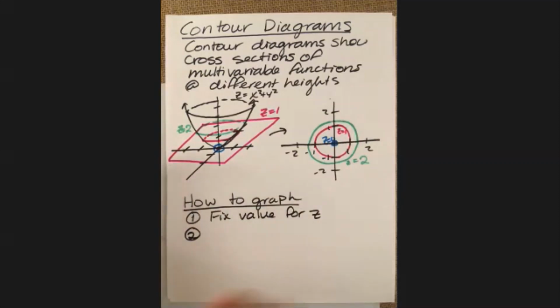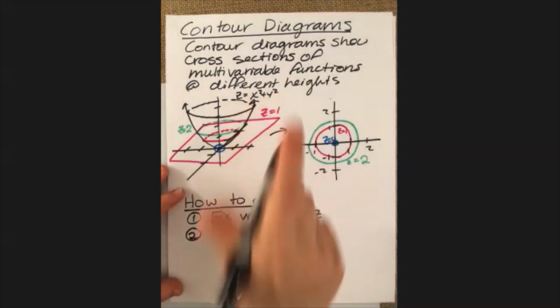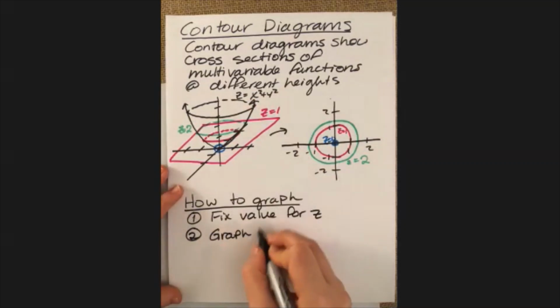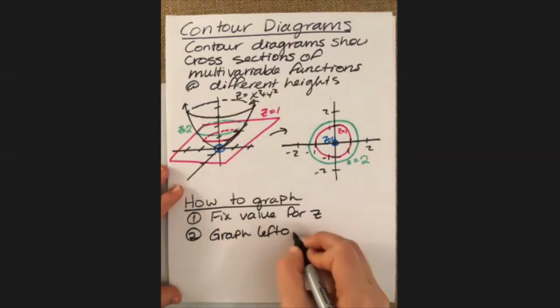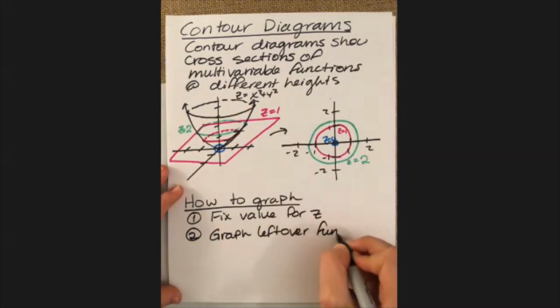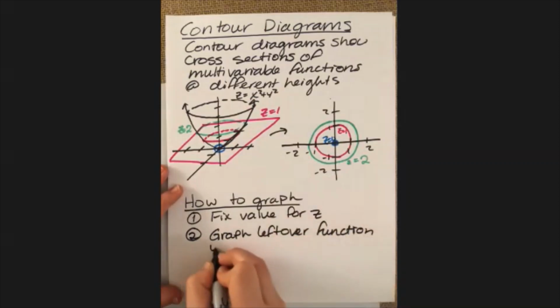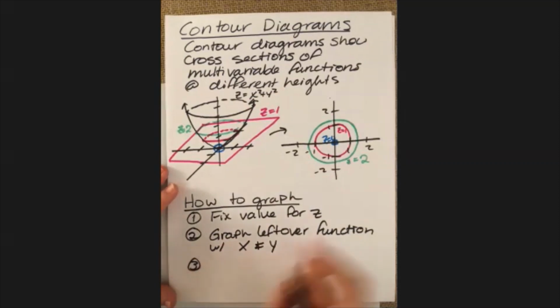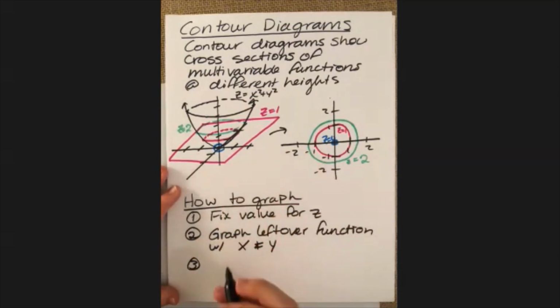After that, you're left with a specific function just in terms of x and y. So you graph the leftover function. And then you just do this over and over again for evenly spaced values of z.